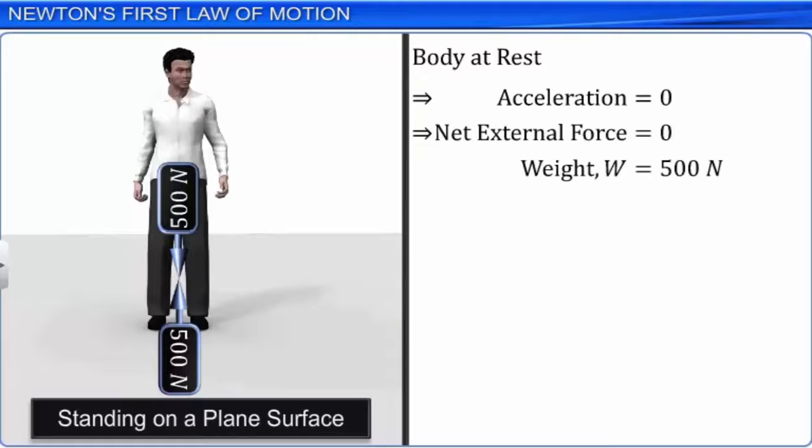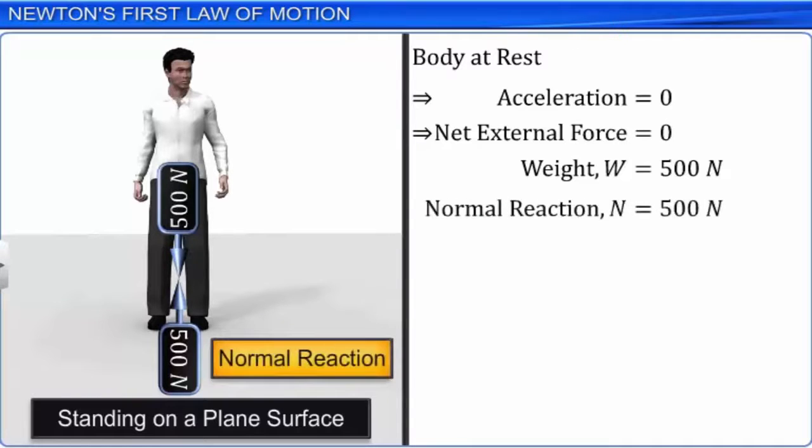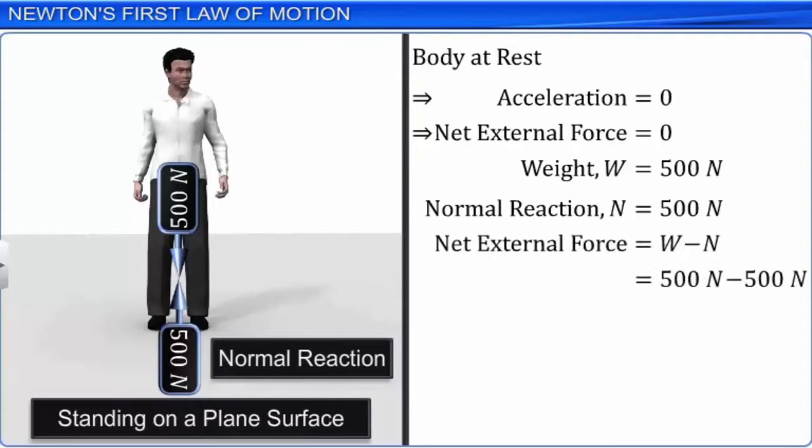This force is the normal reaction between your feet and the surface of the ground. While attempting to answer the first question, you have also answered the second question. The answer to the second question is that the net external force acting on you is 0.